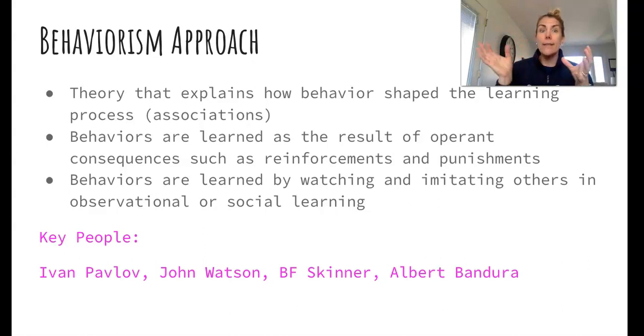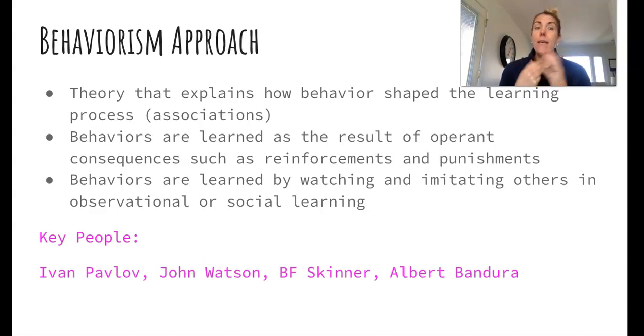Remember with Watson, the little Albert, he associated this big bang with being afraid of white furry objects. So in this approach, all behaviors are learned as a result of operant consequences such as reinforcements and punishments. Behaviors are learned by watching and imitating others in observational or social learning. Remember that with Bandura's Bobo doll experiment.